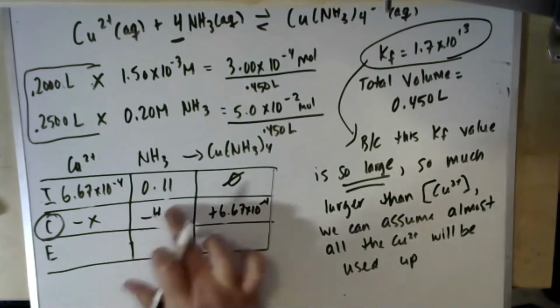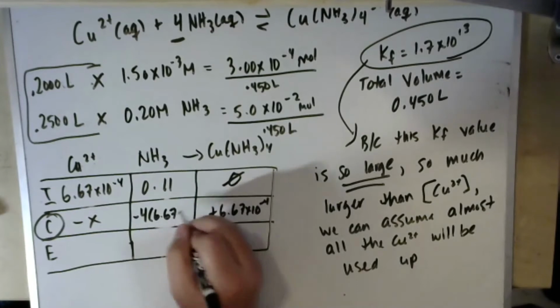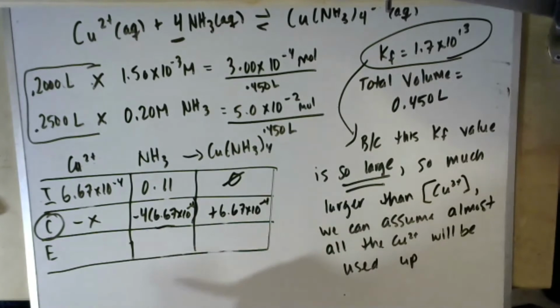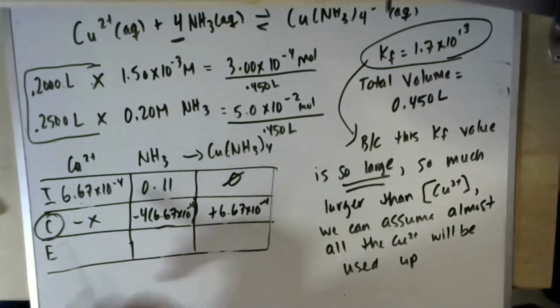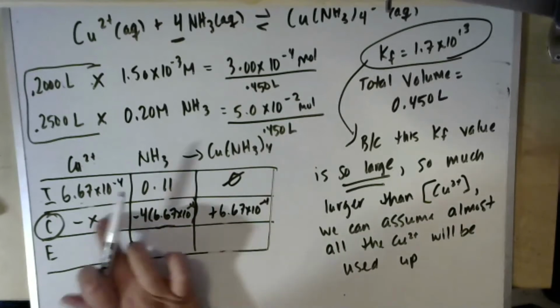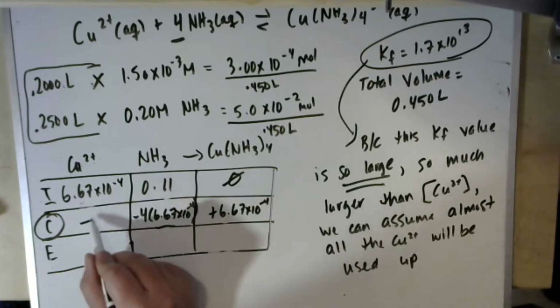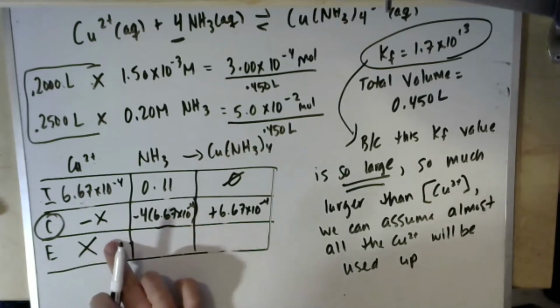Okay, so we're going to do minus 4 times 6.67 times 10 to the minus 4. Okay. And even though we're putting this value as our X value for the NH3 and the complex ion that's forming, we still know that we're not subtracting all of our copper out. Even though this is going to be like a minus X value here, we don't know what our equilibrium value of copper is going to be.